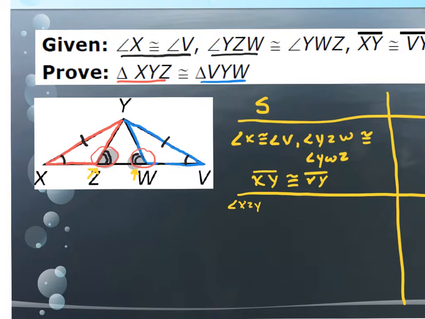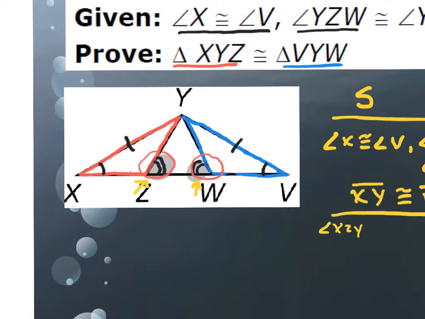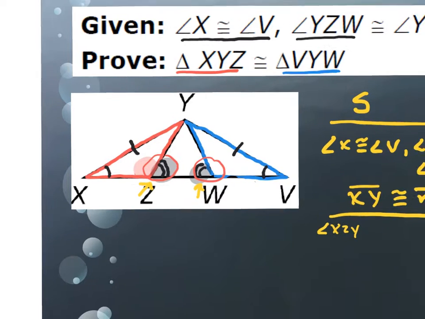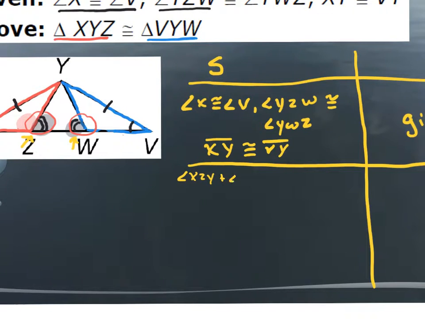That's this guy right here. I'm just marking it there. I'm not trying to show they're congruent yet because I'm not there yet. Here, I'll highlight it. This angle here, XZY, plus angle YZW is going to be equal to what?